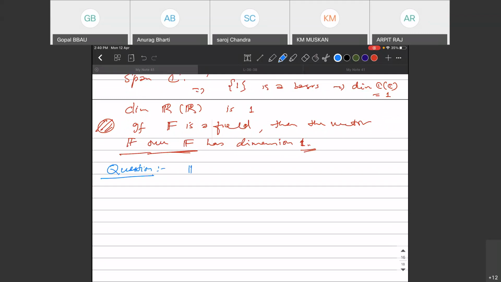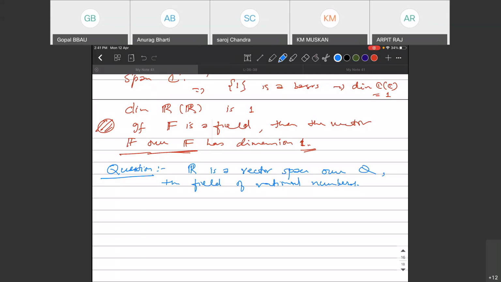So you all know R is a vector space over Q, where this Q is the field of rational numbers, correct? Do you all agree with me that R is a vector space over Q?